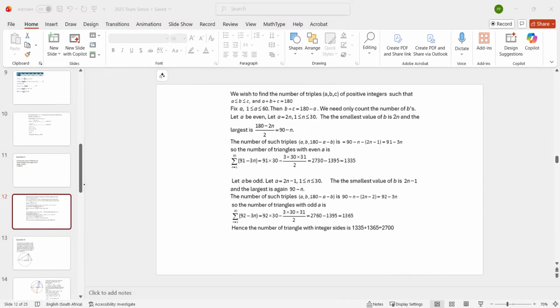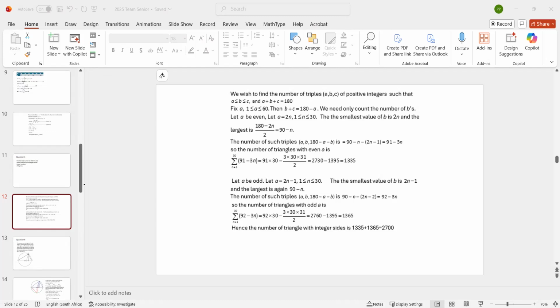So there you see you came to 1335. I stopped there. Now when I said A is odd, I came to this, and now you can use the same kind of argument and count and sum all these numbers like the way I did. This time you got 92, not 91. So you add these 30 numbers with 92 as your starting point, and eventually you get that there are more triangles having the odd A, not much more, 1365.